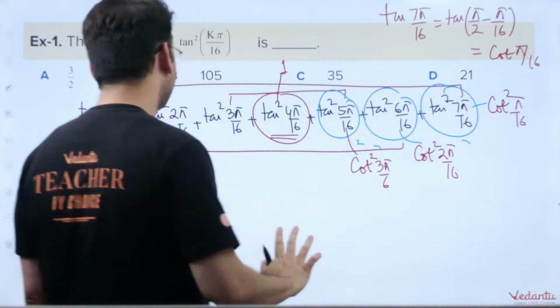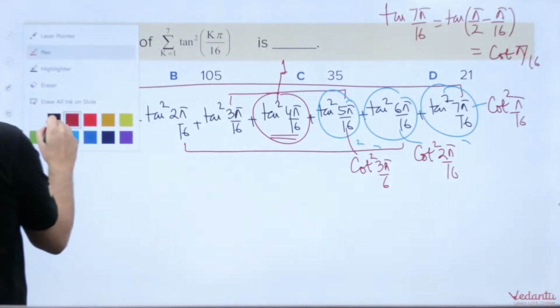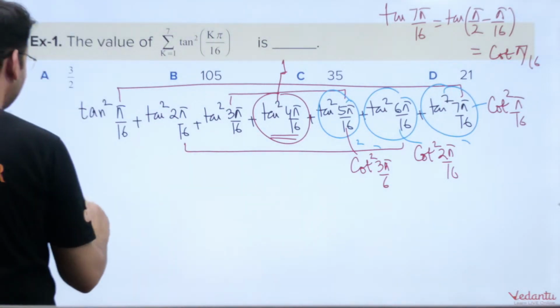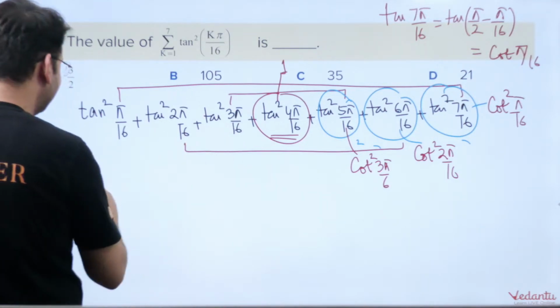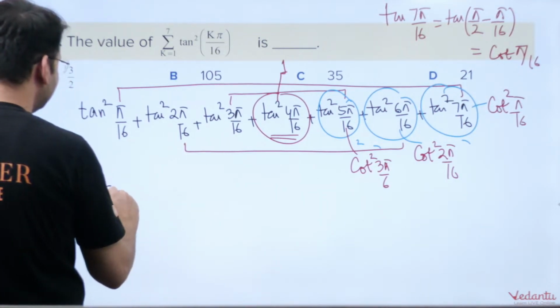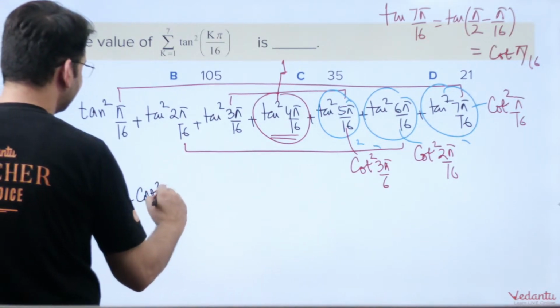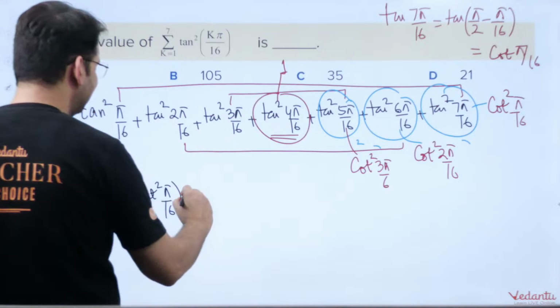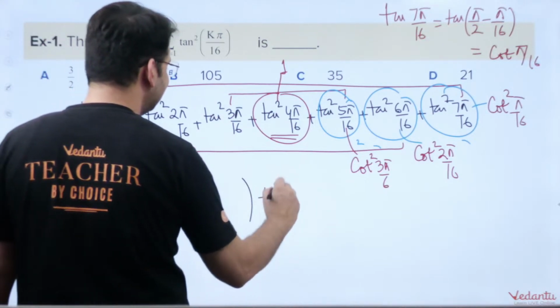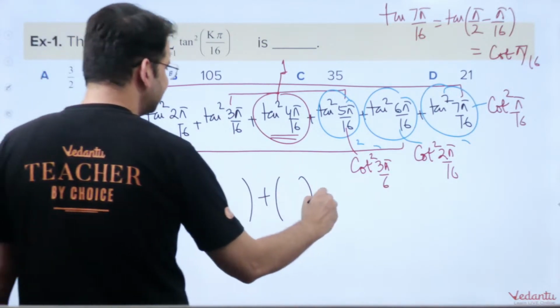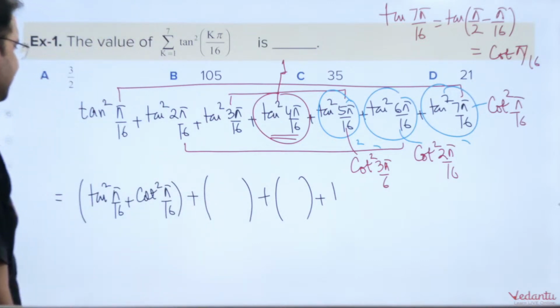This is going to be 1. So what we have here is 3 pairs of complementary angles. So again, tan square pi by 16 plus cot square pi by 16, plus a similar other pair and similarly another pair. So there are going to be 3 pairs plus 1.